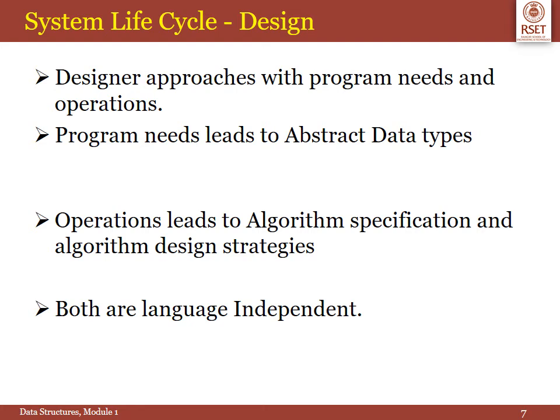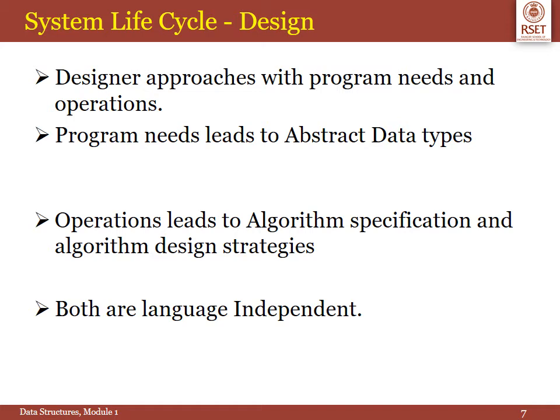In the design phase of the system life cycle, the designer approaches with the perspective of the data objects that the program needs and the operations that are performed on those data objects. The data objects lead to the creation of abstract data types. Abstract data types are a type of objects whose behavior is defined by a set of values and a set of operations.